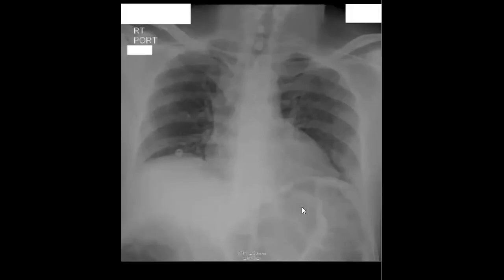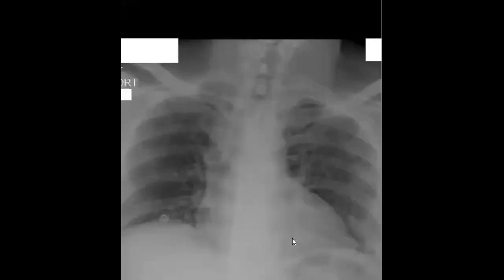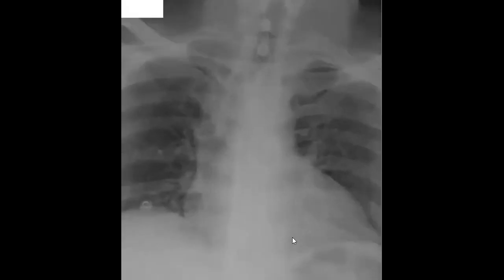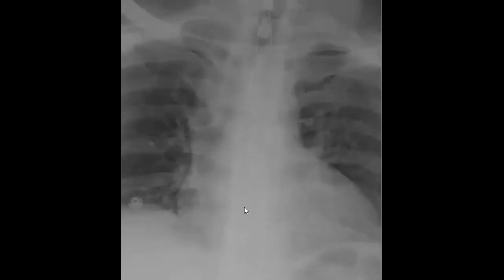So what do you think about the tubes and lines? There is no endotracheal tube. Yeah, but there is a tube here, which if you check, you can trace it here and it is going up.